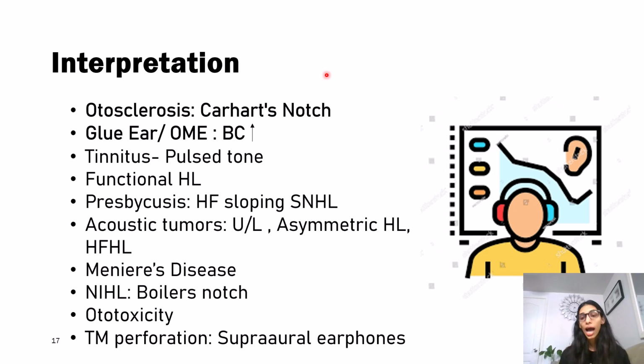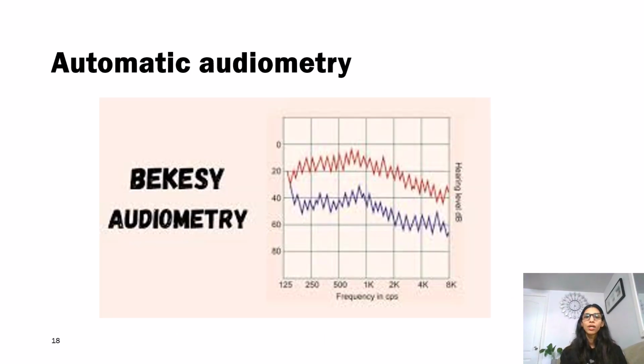And if a patient has tympanic membrane perforation, when doing pure tone audiometry, do not use inserts, instead use supra-aural earphones. These are certain things that you have to keep in mind while doing pure tone audiometry.